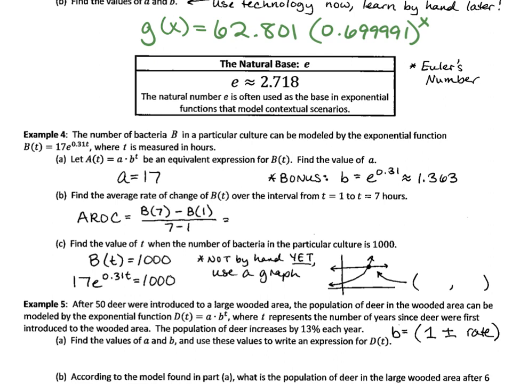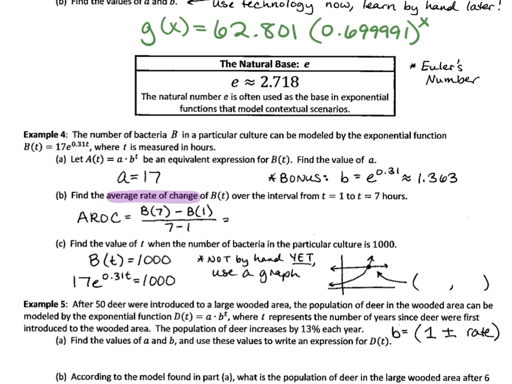Part B says find the average rate of change of B of t over the interval from 1 to 7 hours. I want you to highlight, circle, star, underline the words average rate of change. This was like the first concept we learned in this class. Do we remember doing this? Average rate of change is like finding the slope. And I know that exponential functions are curves, which means they don't actually have slopes.